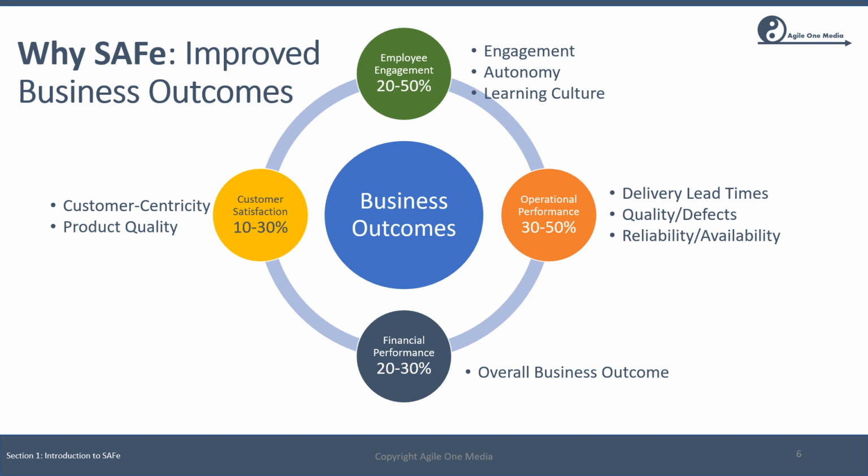These include reduced delivery lead times, reductions in production defects, and improved reliability of delivered systems. Additional benefits include higher levels of employee engagement and retention, improved customer satisfaction, and ultimately improved overall business outcomes as measured by financial metrics.